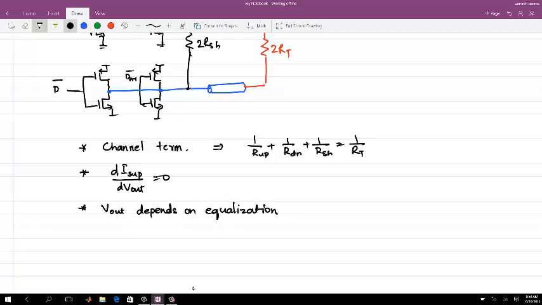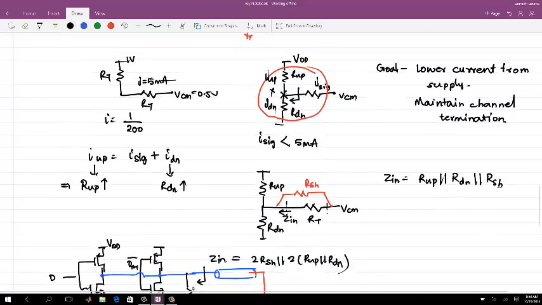What the aim is here is that I out should be independent of V out, so the current remains fixed, and the current remains lower also. Whether it's lower or not, you can always check with this particular equation.